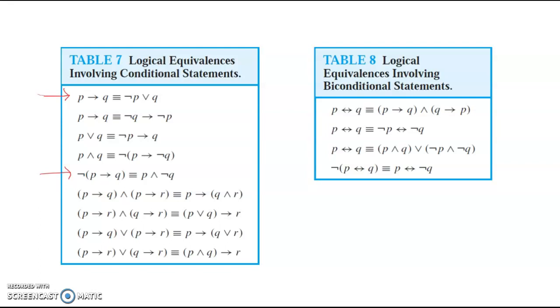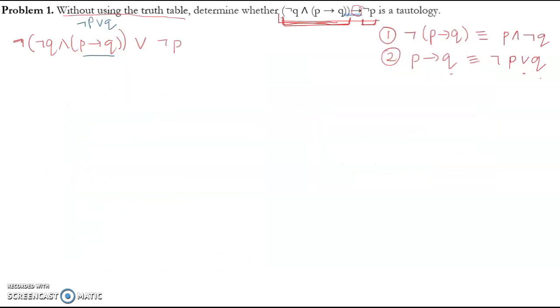The rule of negation is on the other page of your textbook. The negation of the negation of Q just becomes Q, and the and symbol becomes or. Instead of if P then Q, I'm going to use not P or Q, and I'm going to copy what remains.